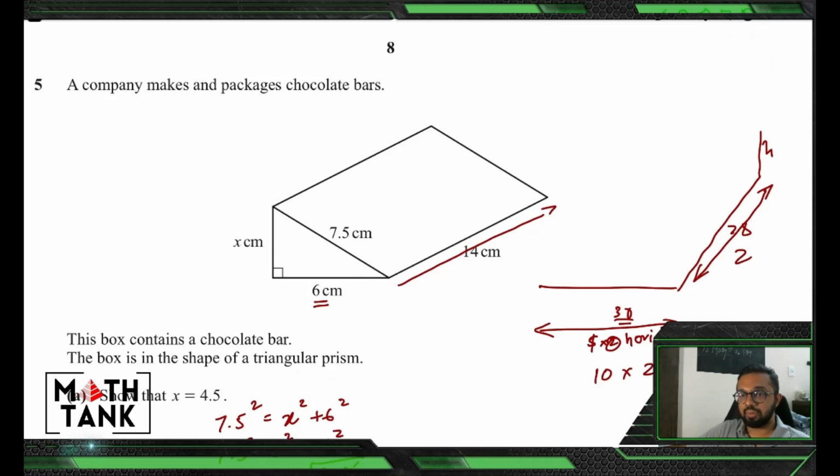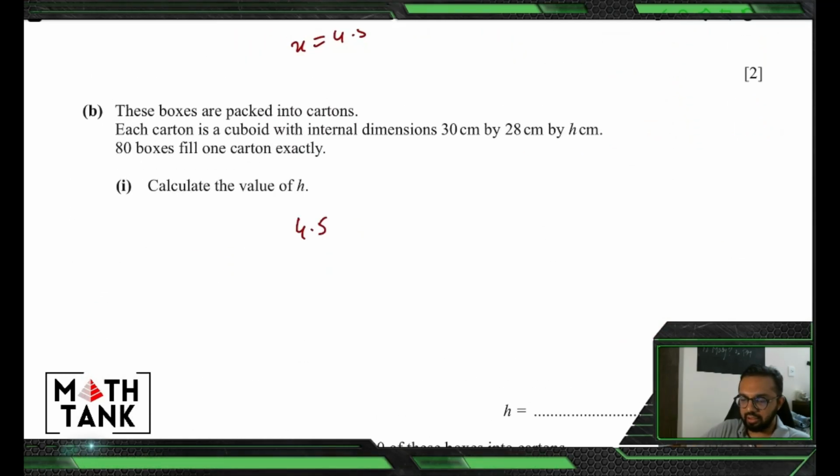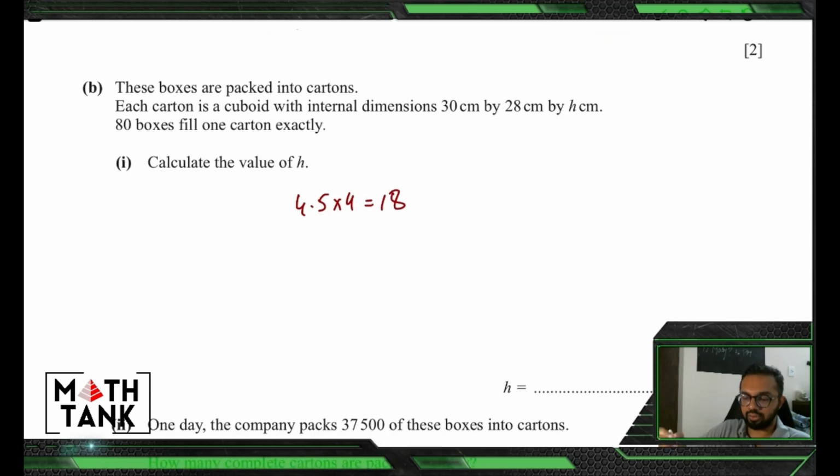If I were to require 80 to be packed into the entire box, that would mean that for H, I would need at least 4 levels like that vertically. If this is X, which I found to be 4.5, 4 of these would mean 4.5 multiplied by 4, and I can get 18 out of this. So H should be 18.